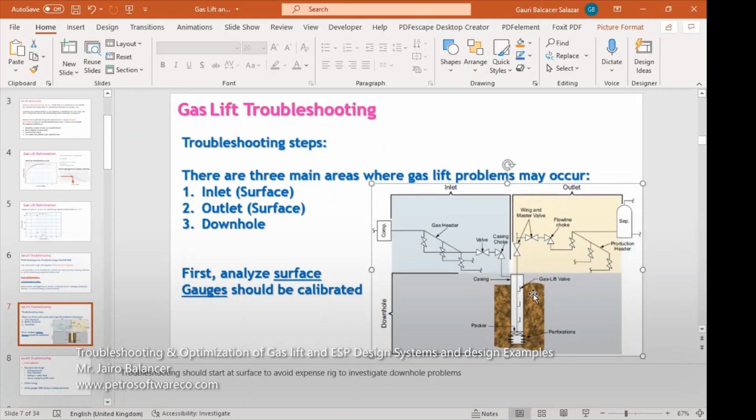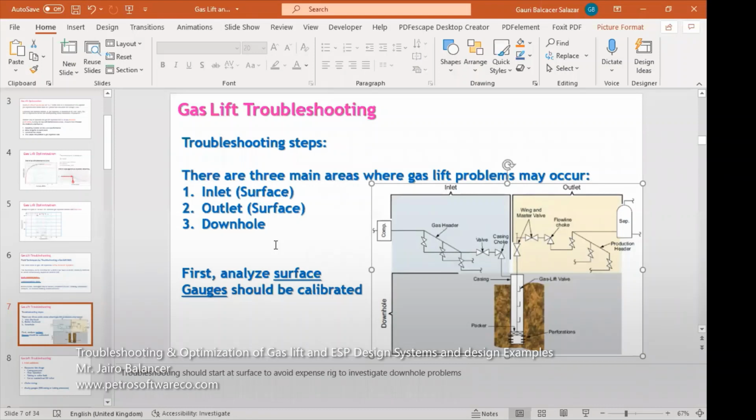The outlet is from the wellhead down to the separator. The inlet is from the compressor down to the wellhead, surface, and downhole. Again, the idea is troubleshooting should start at the surface to avoid expense and risk, before investigating any downhole problem.